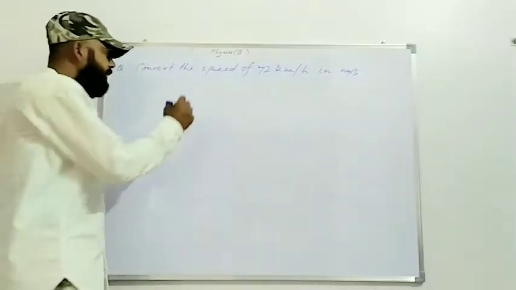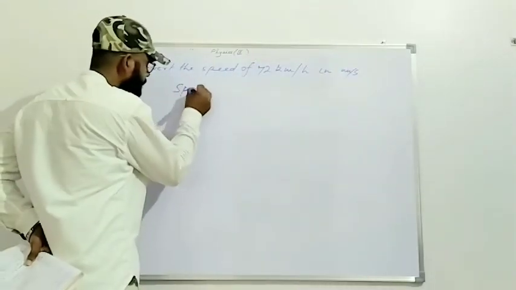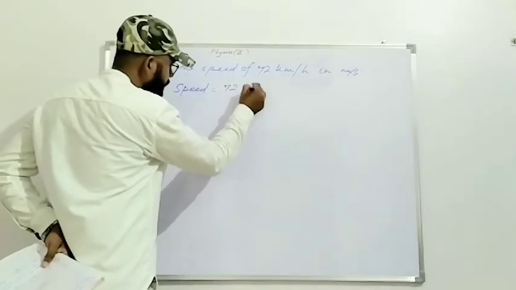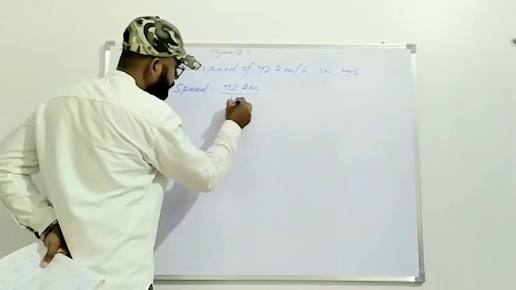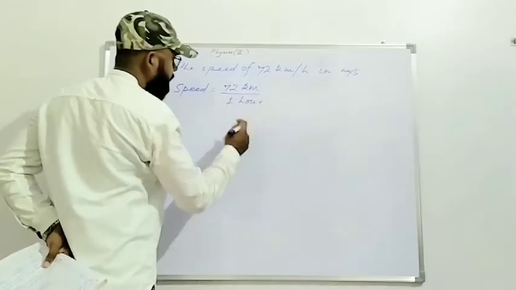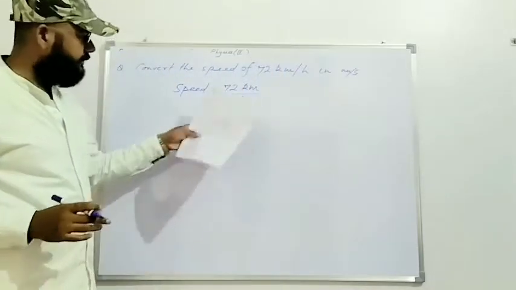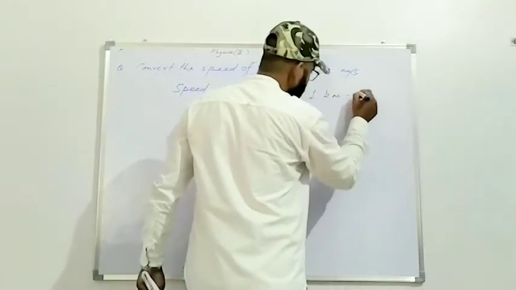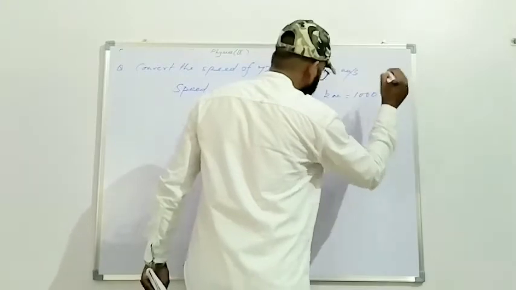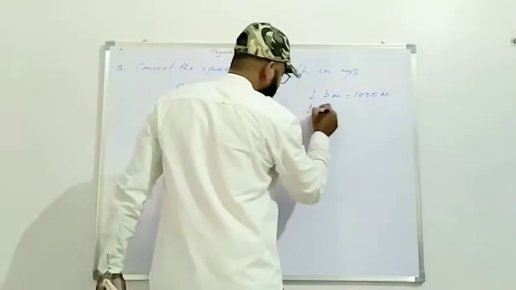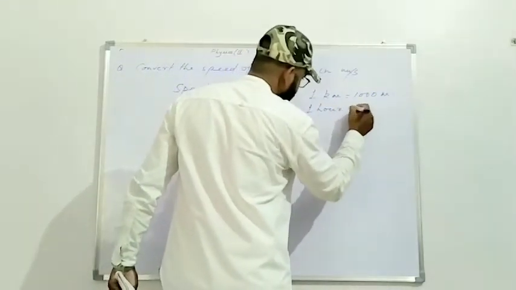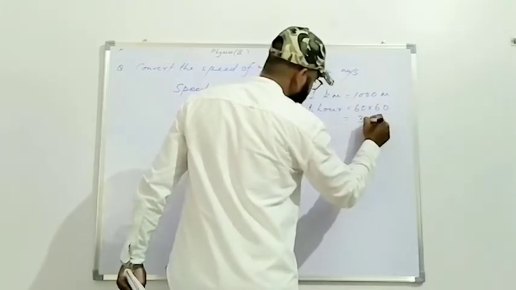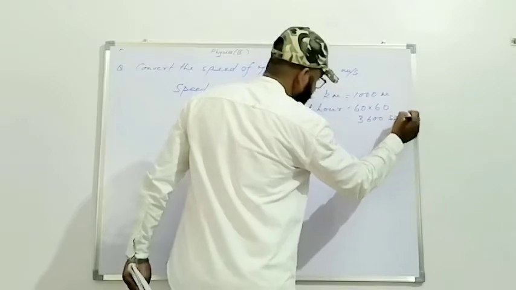Now, what is given? Speed is equal to 72 kilometer upon 1 hour. 72 kilometer per hour, it just means this. And we know that 1 kilometer is equal to 1000 meter, and 1 hour is equal to 60 into 60, that is 3600 second.